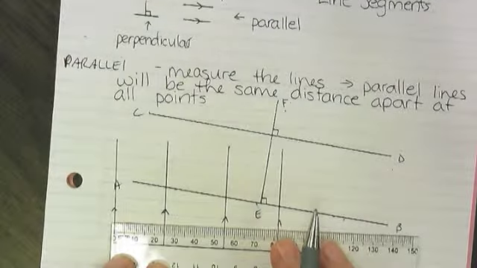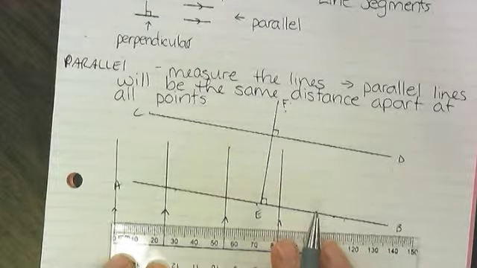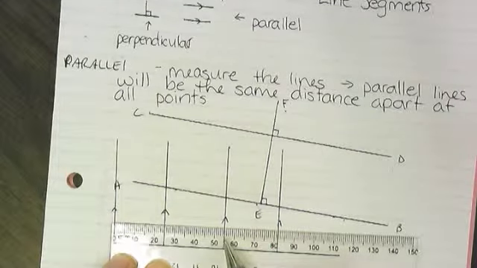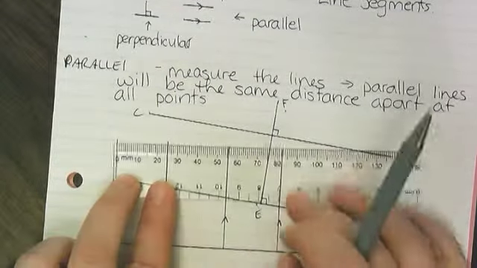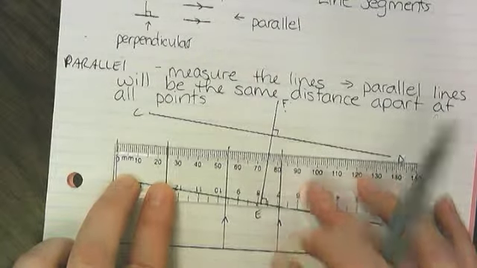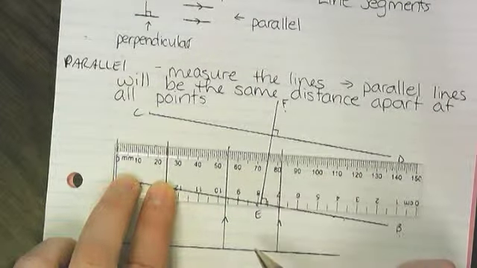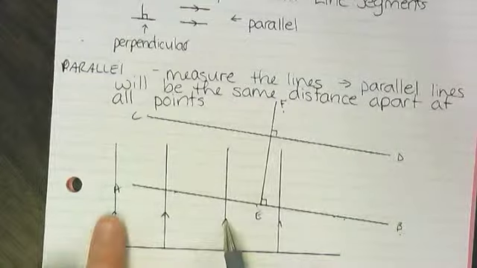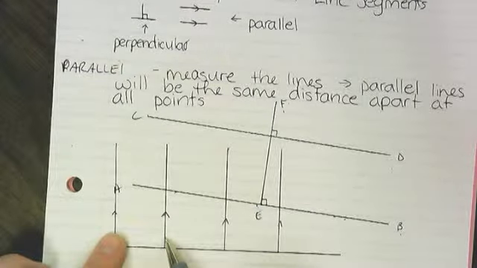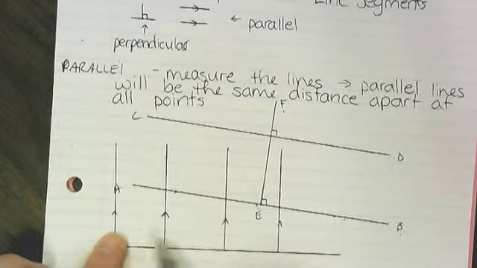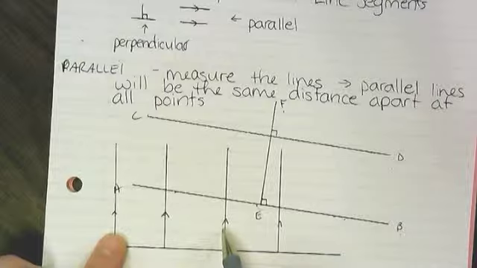If I measure this, I have a distance of 55 millimeters between those two lines, and on this side it's still 55 millimeters, which means those two lines are parallel. If you have two parallel lines and a third line that is parallel to one of the other two, the three lines are parallel to each other.